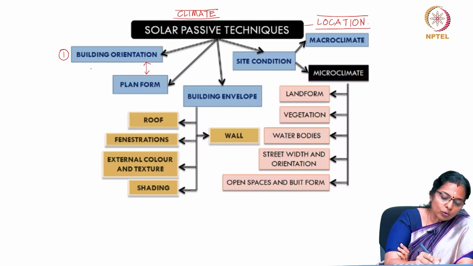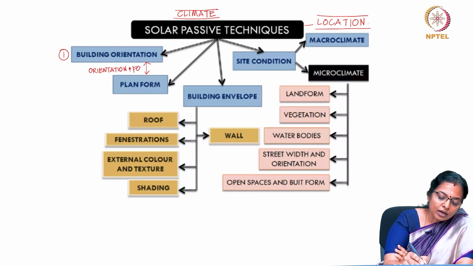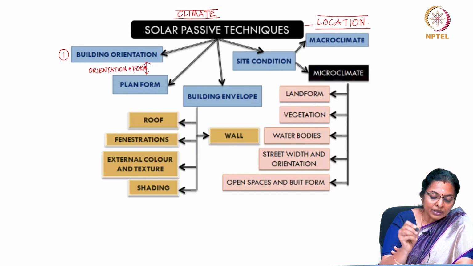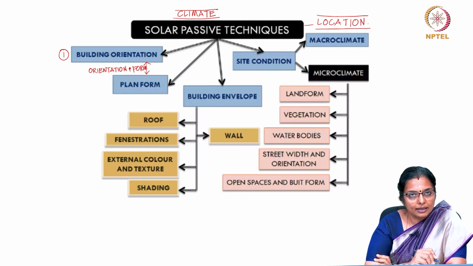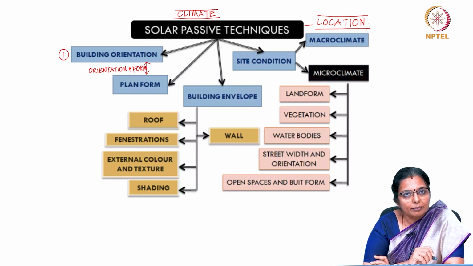So, orientation and plan and form, I would say form, go hand in hand, and that is the first technique. Based on the climate, we can have appropriate building orientation and form. We will look at it in greater detail.